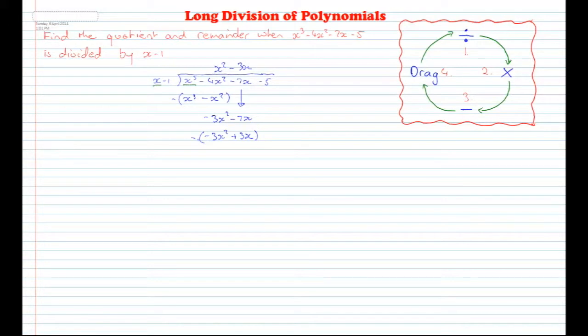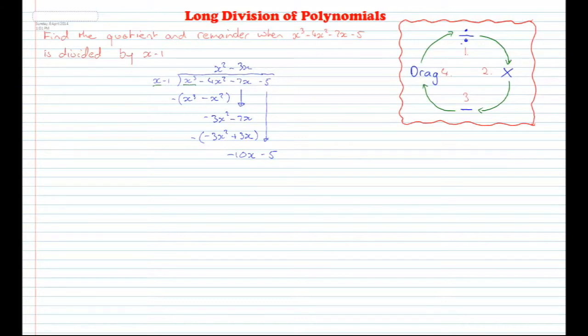So I put it in brackets and subtract everything. Negative 3x squared minus negative 3x squared cancels out, so you get 0, which is always a good thing. That's what we want there. And you get negative 7x minus positive 3x. Well, negative 7 minus positive 3 is equal to negative 10x. So we've now subtracted, and what's the last step? Well, it says to drag, so we drag this one all the way down here, so you get negative 5. Right, I've done all my 4 steps.